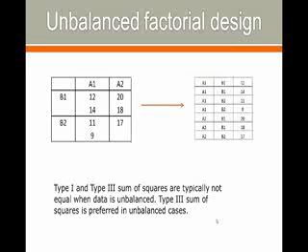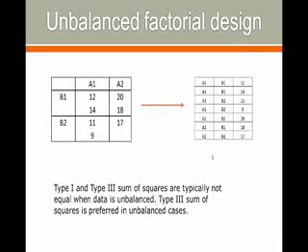The last comment I would like to make here is on the case of unbalanced factorial design. With the unbalanced factorial design, we see a situation like that when I don't have the same number of observations per cell. But when I analyze it in SAS, I still have my 4 values for A1, only 3 values for A2.